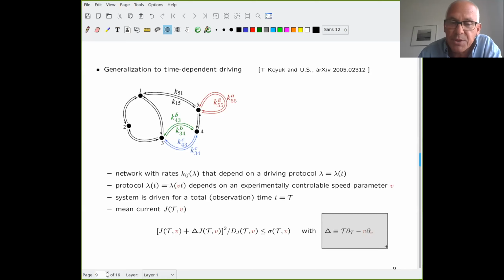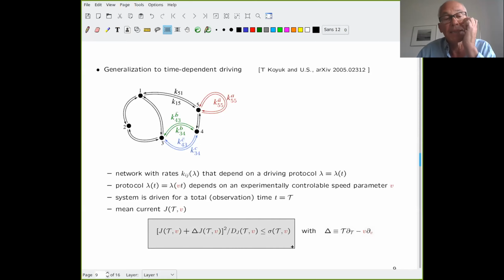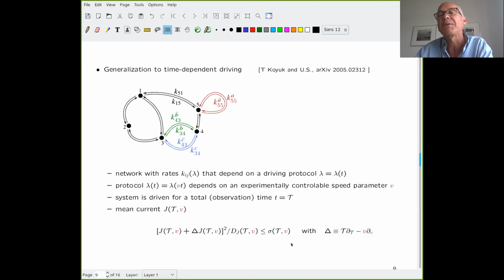These are, and I'm stressing this because that's crucial, operationally accessible quantities. And then the statement is that if you combine these quantities in this way, we get a truly generalized uncertainty relation for arbitrary time dependence of the driving and an arbitrary initial state.